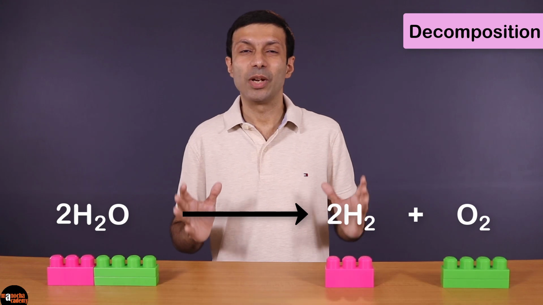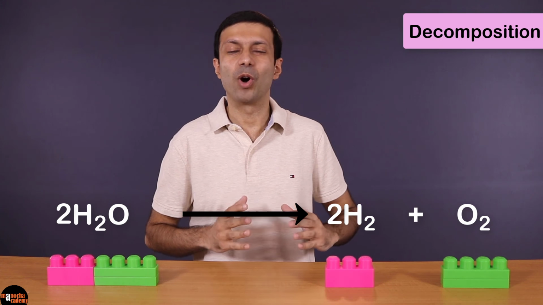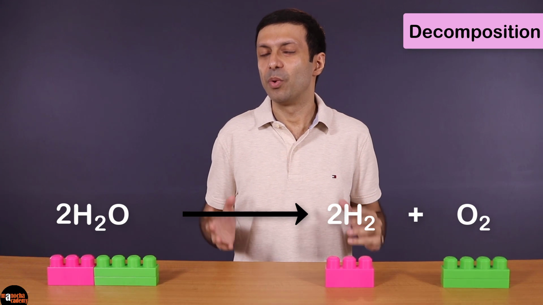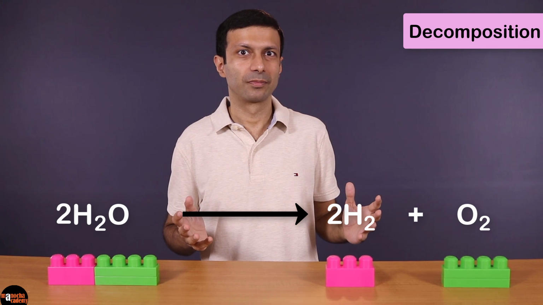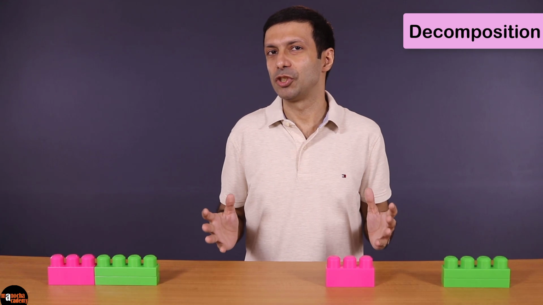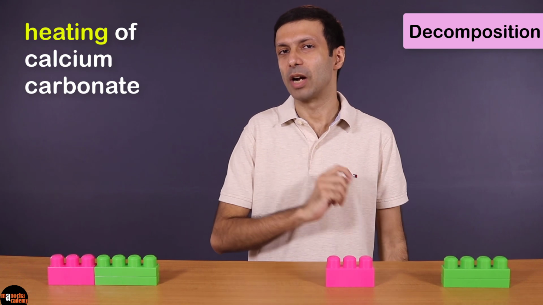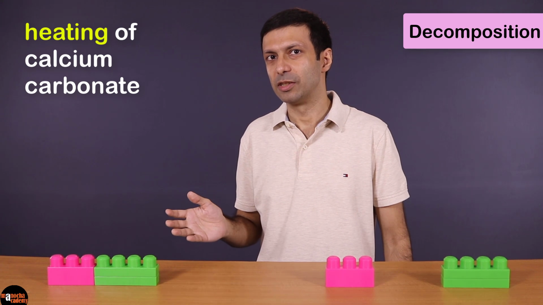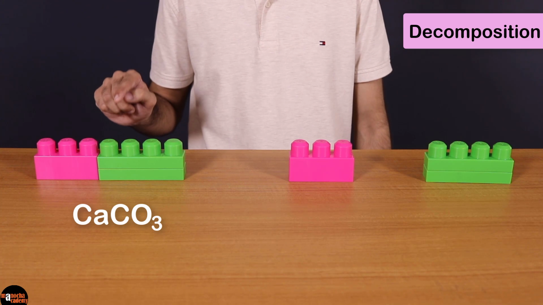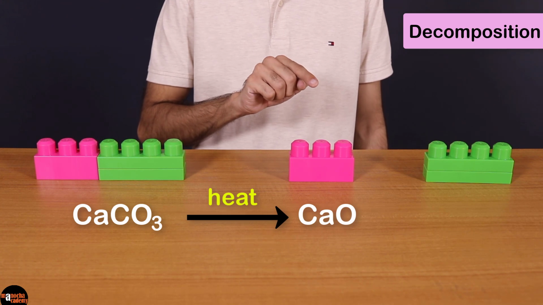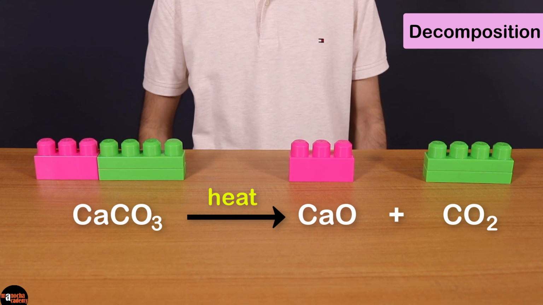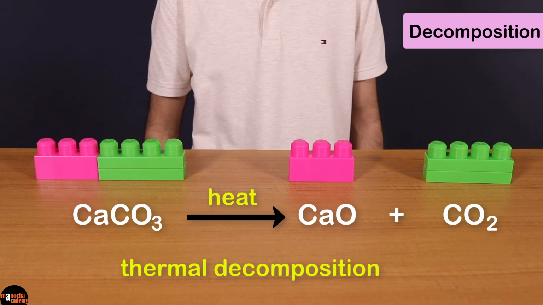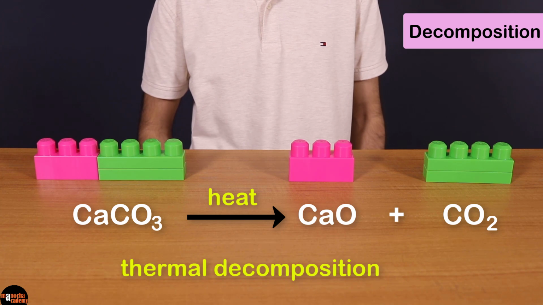Remember, this equation is exactly opposite of what we did in combination, where hydrogen and oxygen combine to form water. Another example of decomposition is when you heat calcium carbonate, it decomposes. Calcium carbonate decomposes to produce calcium oxide and carbon dioxide. This is called thermal decomposition since heat causes the decomposition.